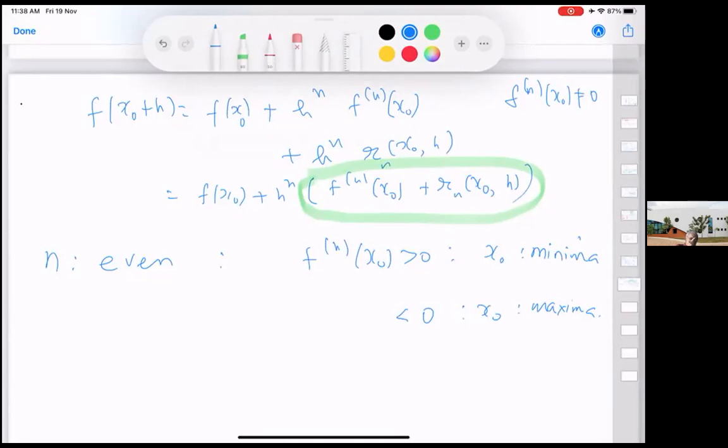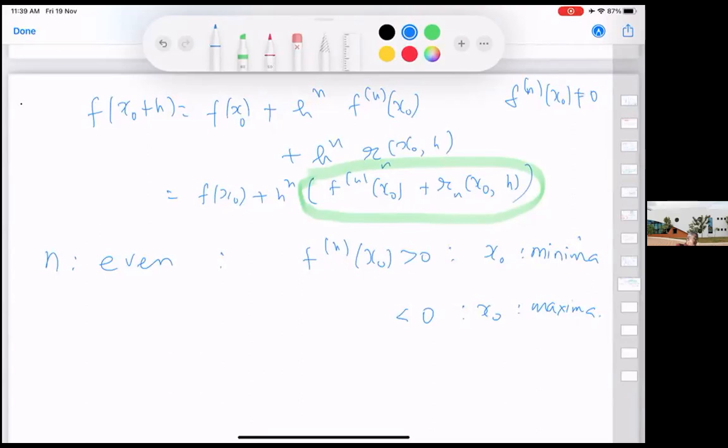And then we get that by taking h small enough, the sign of the green encircled term is the same as the sign of f^(n)(x0). And that tells you that f^(n)(x0) being positive tells you a minimum, and that being negative tells you it's a maximum.